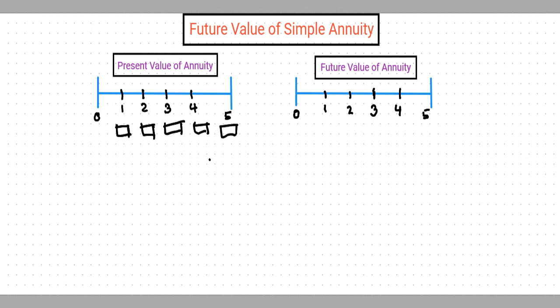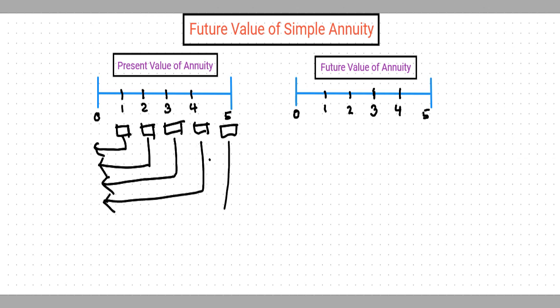And we will discount each cash flow to its present value at time 0, to know the present value of the cash flow or the annuity.